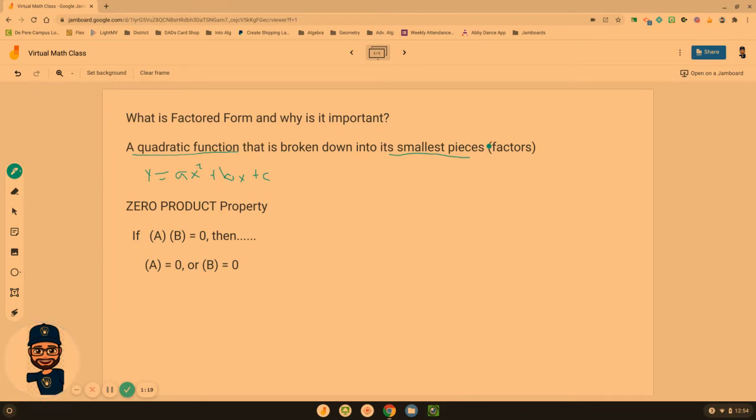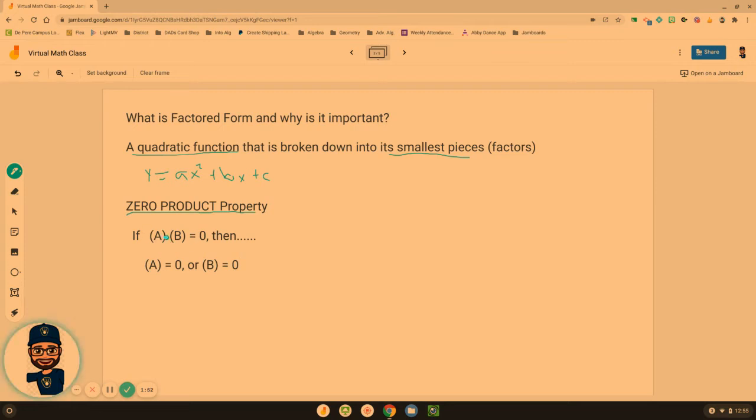And what that leads to is this zero product property in math. If I have two factors, two pieces of information, let's say a times b, and I know that they equal 0, I can then conclude the following: that a must be 0 or that b must be 0. If the a part was 0, no matter what's inside the b part, 0 times something is going to be 0.